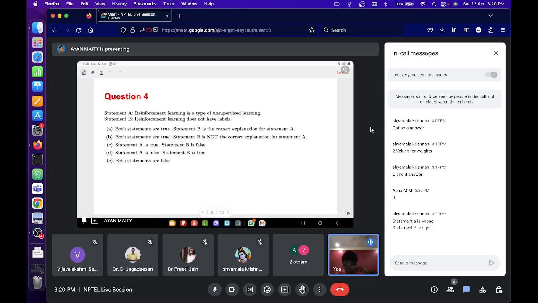Asha says D. So D is statement A is false, statement B is true. And Shyamala Krishnan says statement A is wrong, statement B is right. So both of them are saying that D is the right option. Okay.